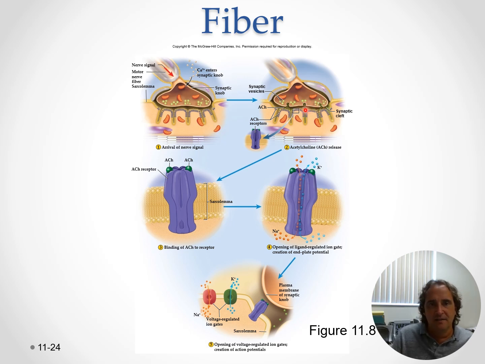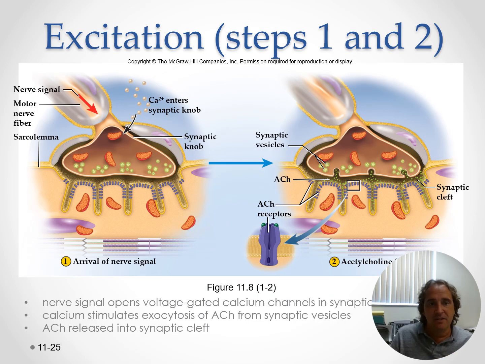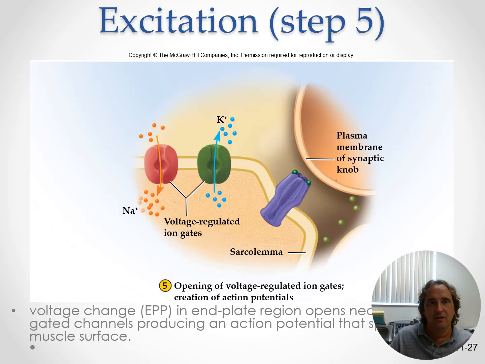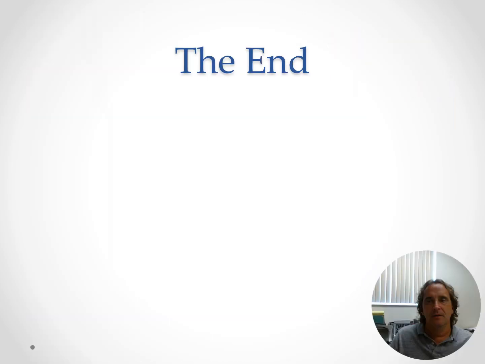It travels past the membrane, goes through the synaptic cleft, goes onto the acetylcholine receptors, opens up, causes depolarization, and that depolarization opens sodium and potassium channels that allow that signal to propagate down the cell. And eventually it makes it all the way into the muscle fibers, and that's pretty much what's inside a neuromuscular junction.